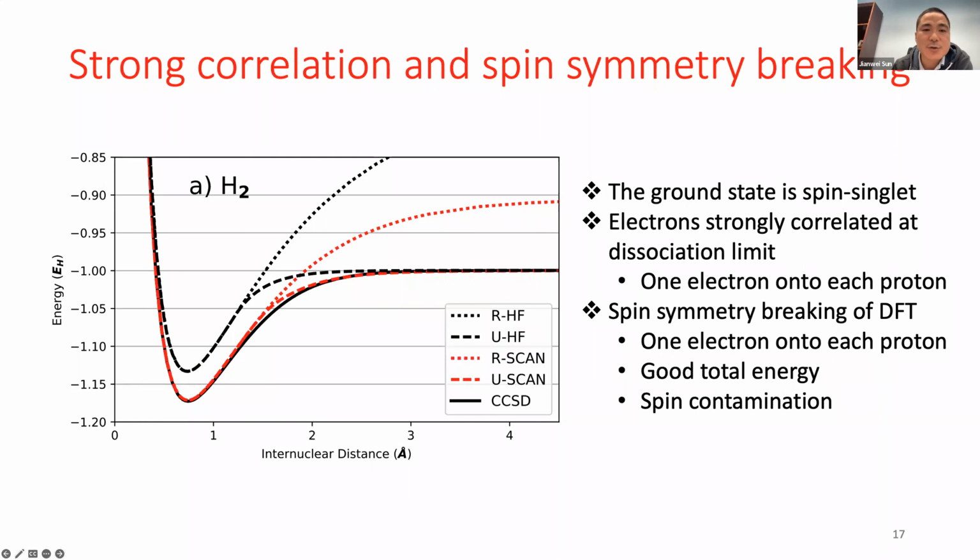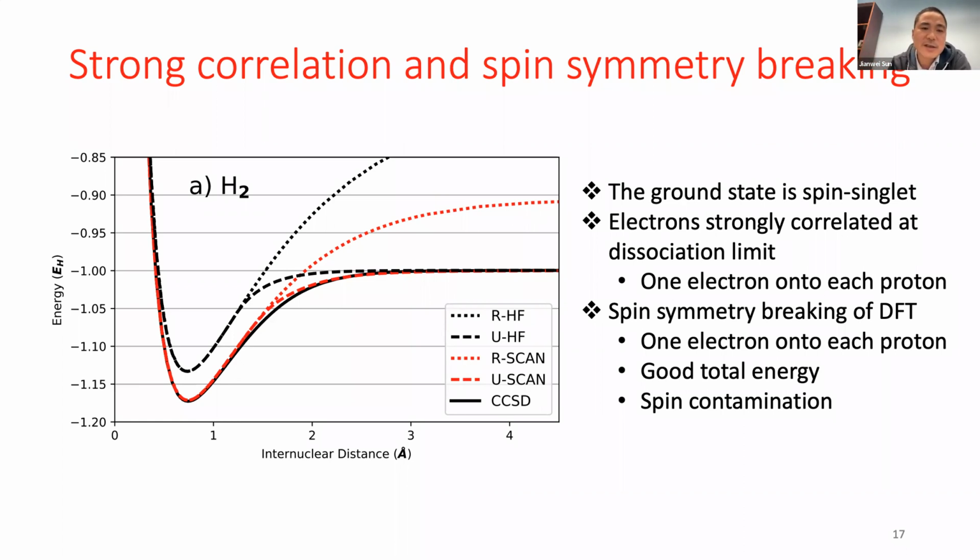And then the electrons are strongly correlated at the dissociation limit, meaning that 1 electron is forced to be on 1 proton. Because it's spin singlet, if the electron is spin down on the left, then the other electron will be spin up on the other proton. Therefore, they are strongly correlated in terms of the spin configuration.